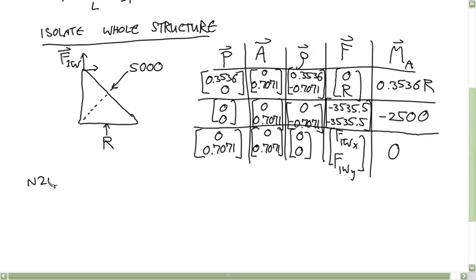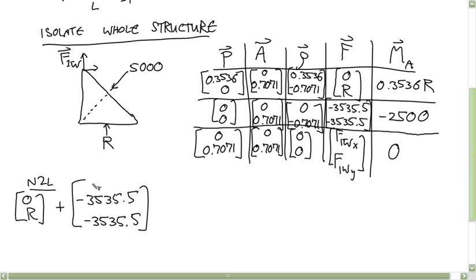So Newton's second law says, bless you, 0, R, plus negative 3535.5, negative 3535.5, plus F1WX, F1WY is equal to 0, 0.